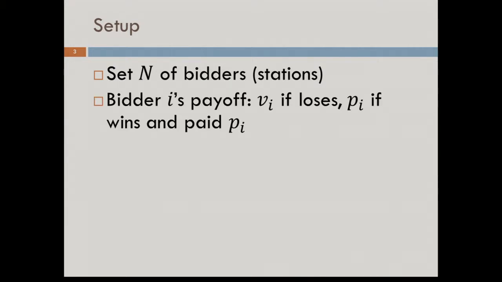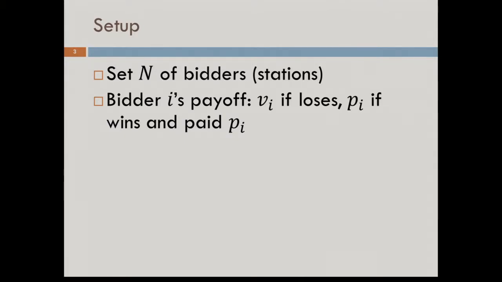Now I want to introduce some general notation and talk about the problem more generally. So you have a set of n bidders, single-minded bidders, the stations for the FCC. The bidders are bidding to sell. If they lose the auction, that means they don't sell anything, but they keep to enjoy the value v_i from whatever they don't sell.